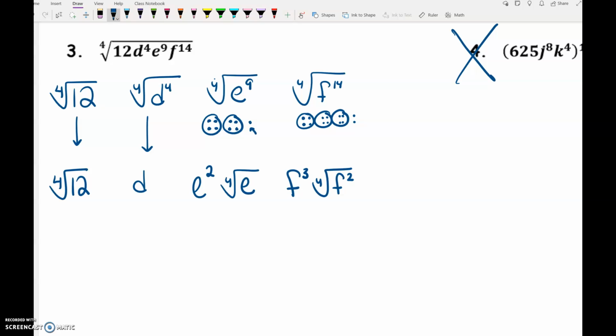Getting all of these pieces is your first challenge. Your next challenge is putting these pieces into a cohesive answer. Go through from left to right and look at stuff that's not under a radical. We've got d, e squared, f to the 3rd. That's the first part of our answer.